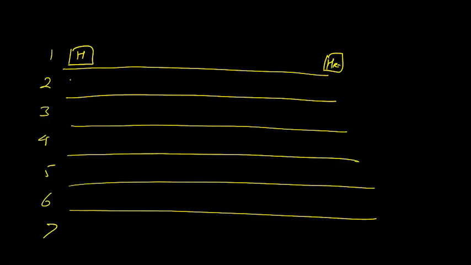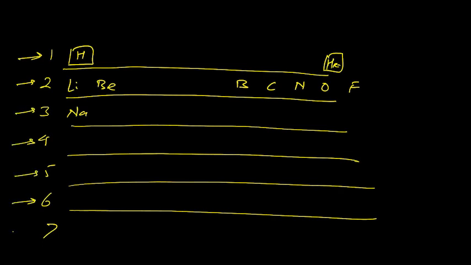Then we have lithium, beryllium, boron, carbon, nitrogen, oxygen, fluorine. These will have two shells, meaning the valence electron will be in the second shell. So the shell number actually says what the valence shell is. This period number is the valence shell.